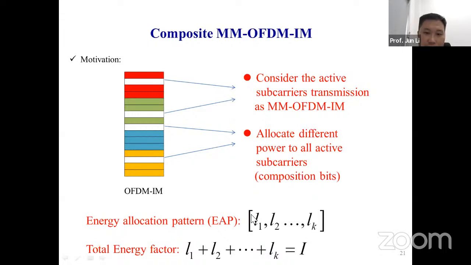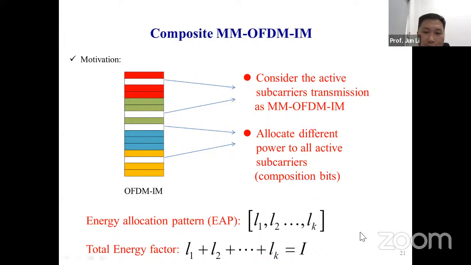And there's one constraint, right? We should have the total energy I. For example, if I equals 4, then L1 plus L2 plus Lk should be equal to 4. This is the constraint for the total energy.